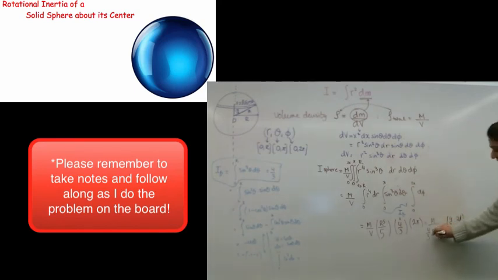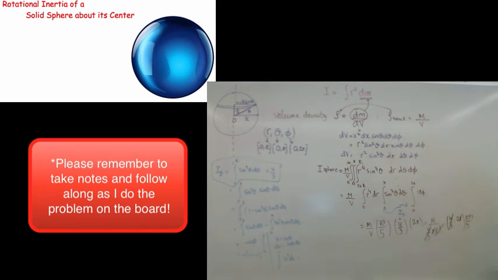So pi goes away, 4/3 goes away. I have an r^5 over 5 that I just sort of ignored. Can't do that. That gives me 2, and that goes away.